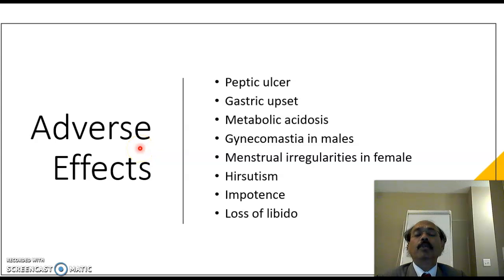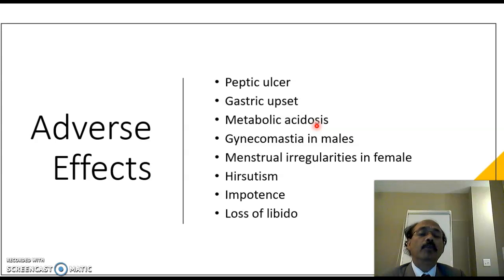Adverse effects of the potassium-sparing diuretics. Peptic ulcer. There may be erosion of the gastric mucosa, duodenal mucosa, even some ulcer and hemorrhage. Gastric upset may lead to diarrhea. Metabolic acidosis. Why does this happen?